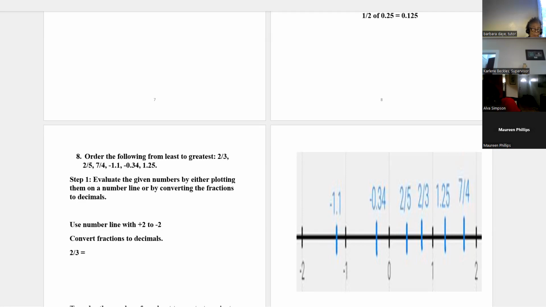No, 2 is your numerator, 3 is your denominator. 2 divided by 3. Oh, that's 0.67. Yeah, that's right, 0.67. Very good. So now you've got that.